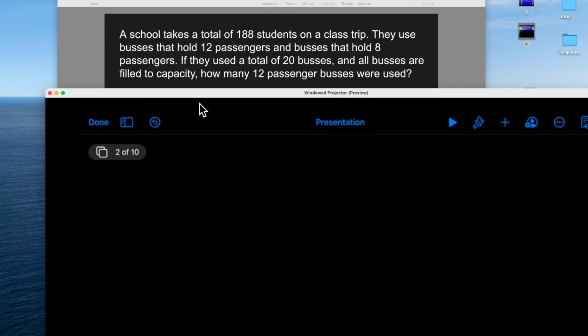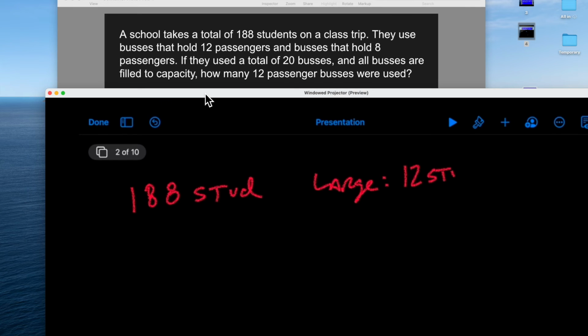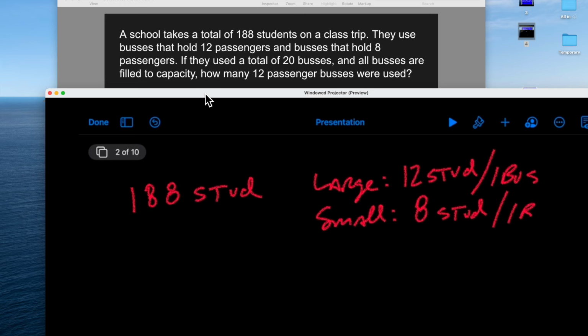Let's now look at this problem with the black background. We have a school trip that's going to have 188 total students. We have two types of containers. The large container is going to be a big bus which has 12 passengers, 12 students per one bus. And the smaller container is the small bus, which is going to have 8 students for every one bus.